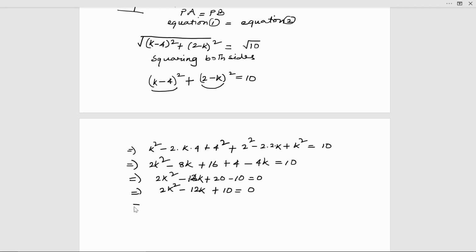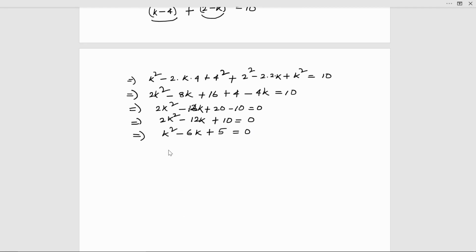Therefore I'm just taking 2 as common, so k square minus 6k plus 5 equal to 0. Now this equation we got is very familiar with our quadratic functions. So what we can do is break this equation as k square minus 5k minus k plus 5 equal to 0.